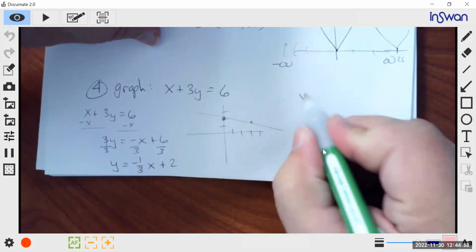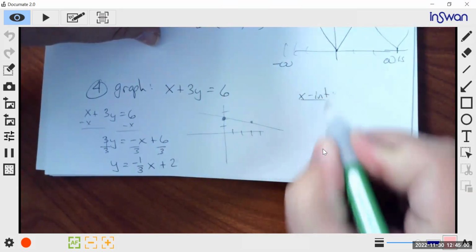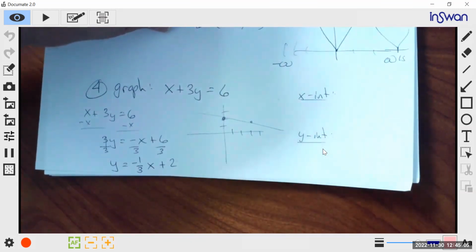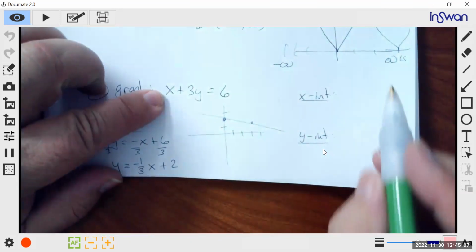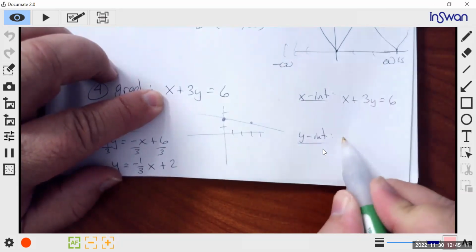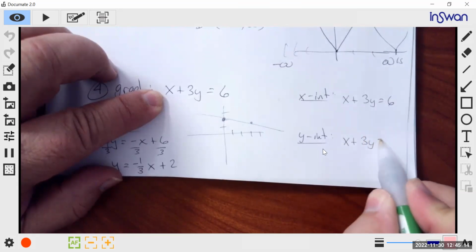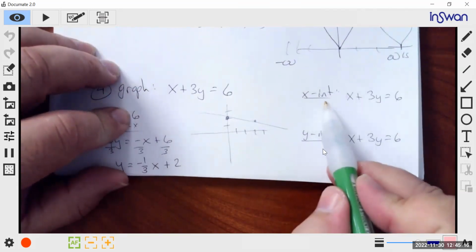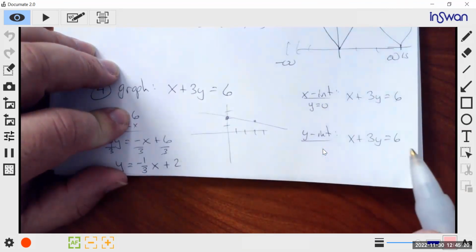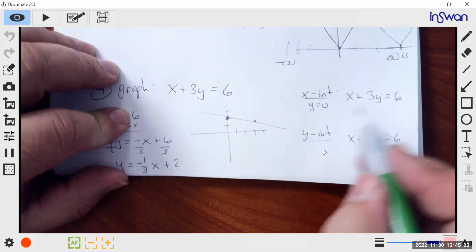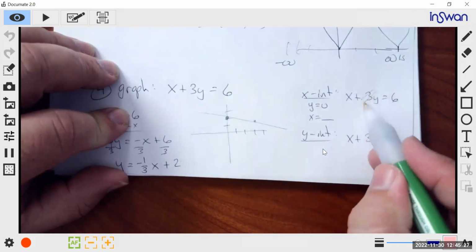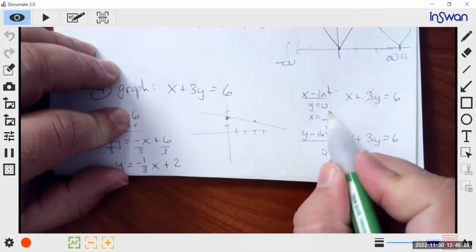Or we could find the x and y intercepts, and we can plot those. To find the x-intercept, set y equals 0 and solve for x. So if y is 0, x equals 6.